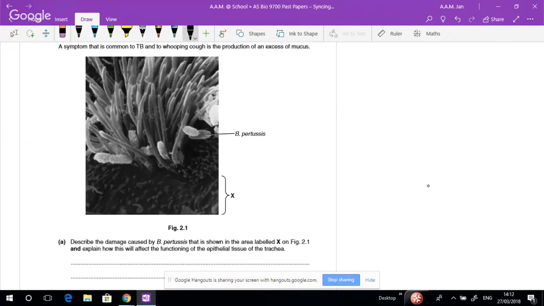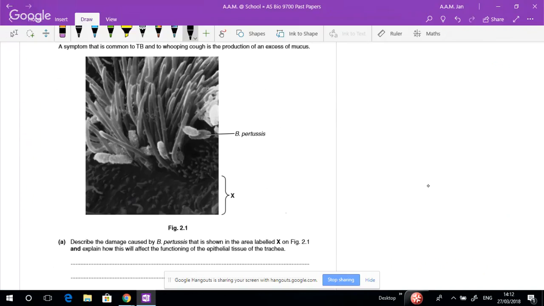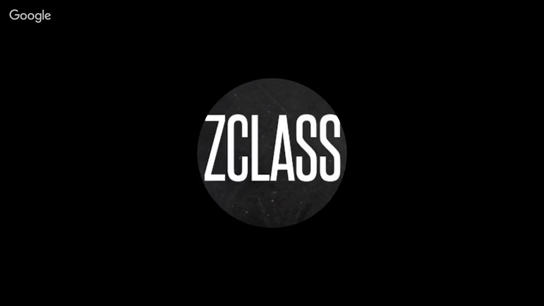So could somebody start by telling me what structure they think the microorganism is attaching to here? What structure the microorganism is attached to? What are these? The cilia. Yeah, correct.